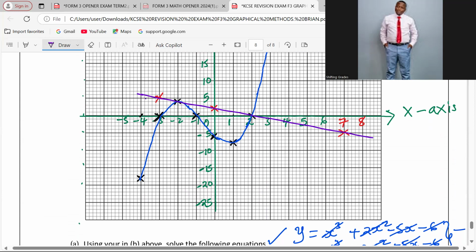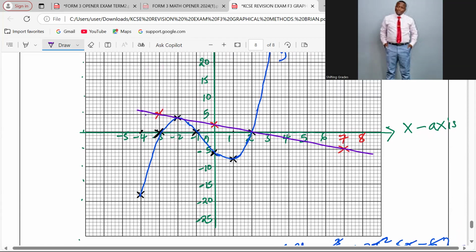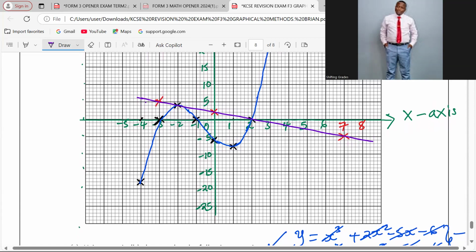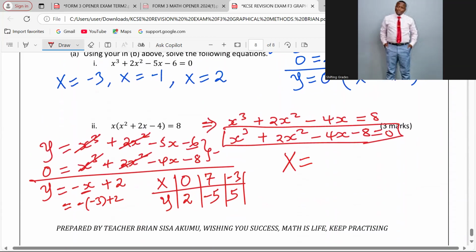Now, again, we need to look at the points where this particular line is cutting the curve. The first point is -2, and the other one is +2. -2, this point, I'll show you using a different color. At this point, -2, and also at this point, +2. So x equals to 2, and x equals to -2.